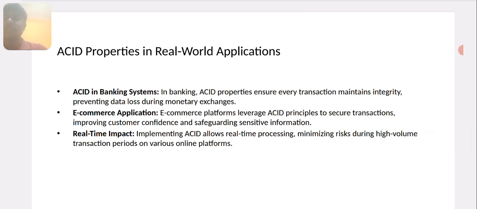Real time impact: implementing ACID in real time processing minimizes risk during high volume transactions and periods on various online platforms.